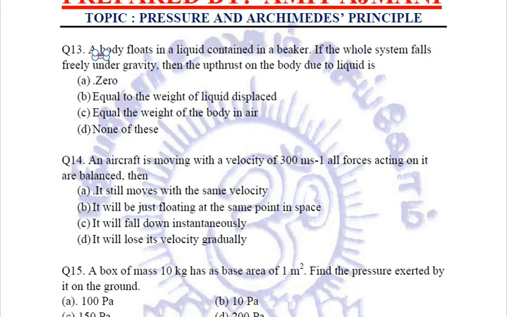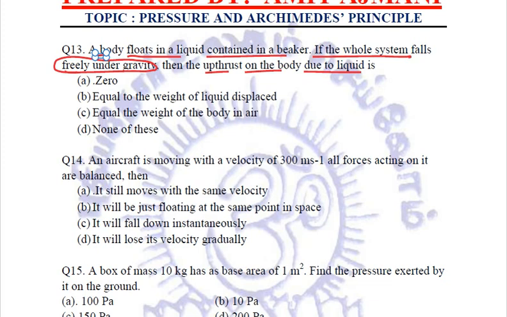A body floats in a liquid contained in a beaker. If the whole system falls freely under gravity, then the upthrust on the body due to this particular liquid will be.